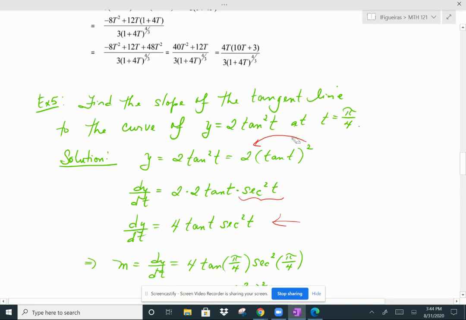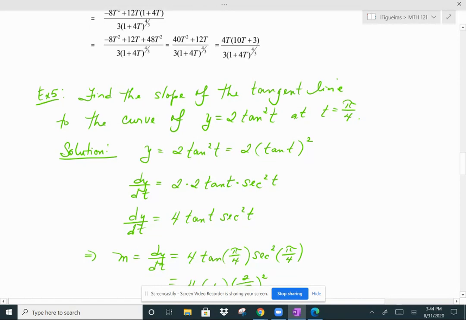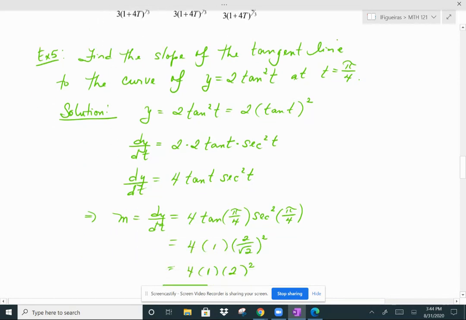Now you have to plug in pi over 4, which was given in the original problem. So you get that the slope, or dy dt, is 4 times tangent of pi over 4 times secant squared of pi over 4.